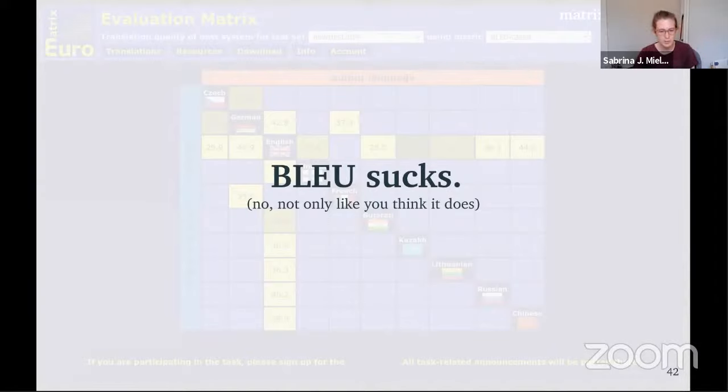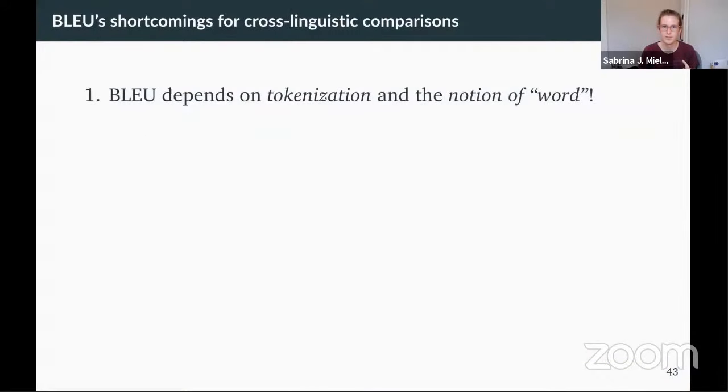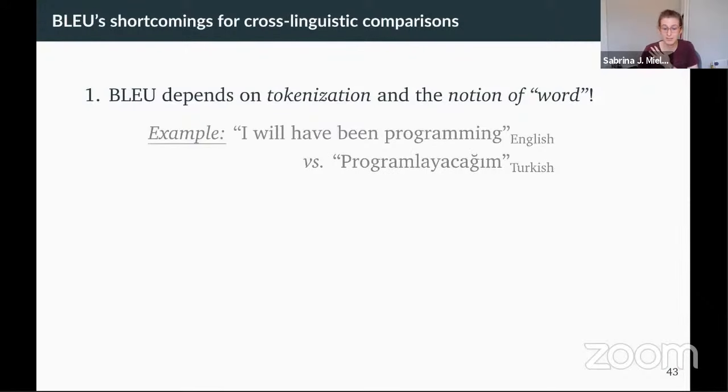The reason is similar to why perplexity sucks. Tokenization works differently across languages. The meaning of a word is different across languages. And so having matching 1, 2, 3, and 4 grams doesn't mean the same in all languages, right? So "I will have been programming" in English can be a single word in Turkish.